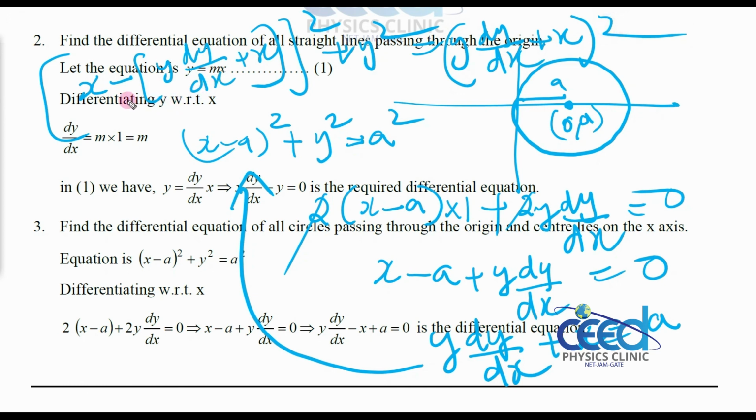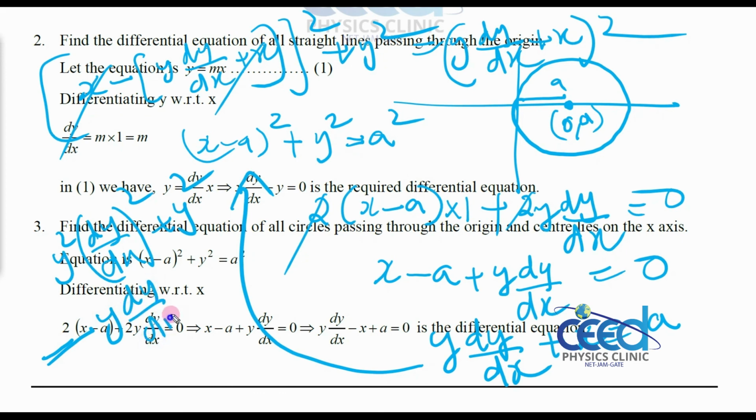Now if I expand this, the x square terms cancel out. So y square (dy by dx) whole square plus y square is equal to (y dy by dx plus x) the whole square. This is the differential equation corresponding to this. This way we can form a differential equation.